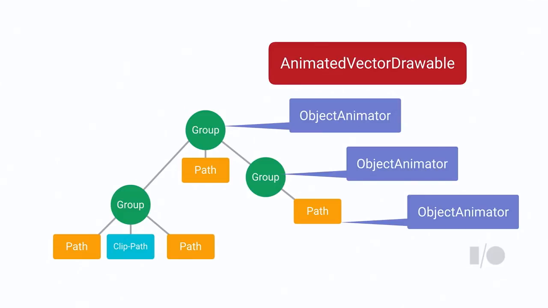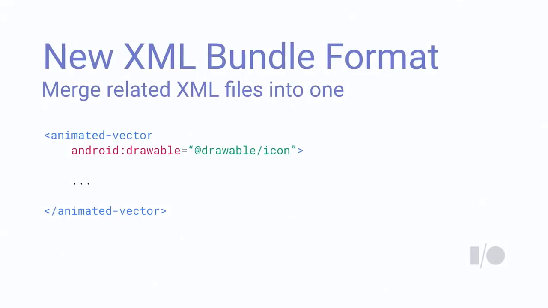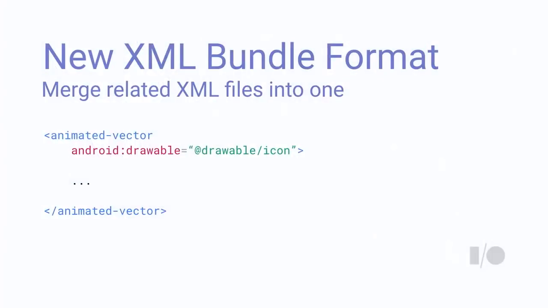There's one caveat you may be able to see here. That means one animated vector drawable could involve multiple, sometimes even 10 or 20 XML files. To ease the pain, we actually introduced a new XML bundle format to merge related XML files into one. This is in the latest build 2, and is also backward compatible. And here is one example. The animated vector drawable is referring to a vector drawable whose name is icon and sits inside a separate file.